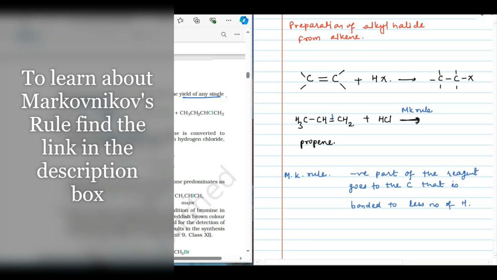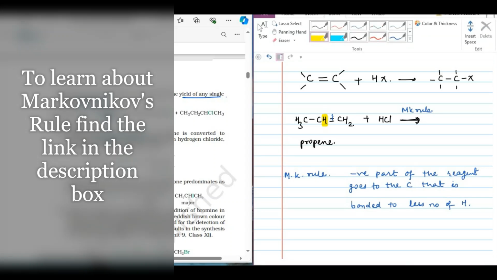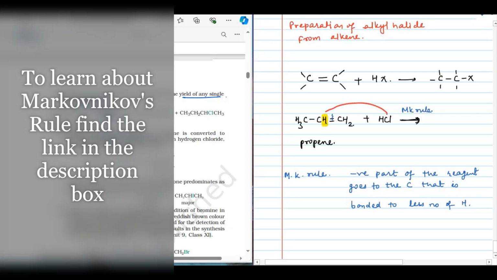So when you see here, which carbon is bonded to less number of hydrogen? This carbon is bonded to 2 hydrogen, while this carbon is bonded to just 1 hydrogen. So chlorine will get attached to the carbon which is bonded to less number of hydrogen.